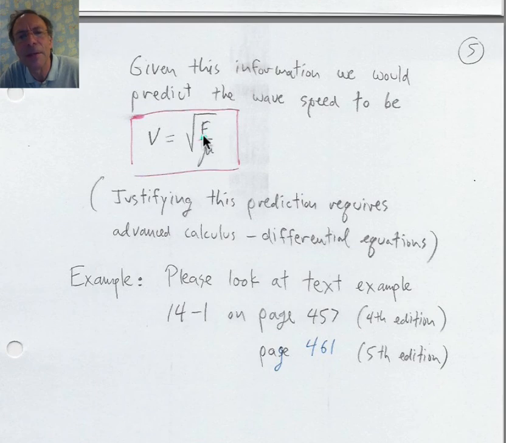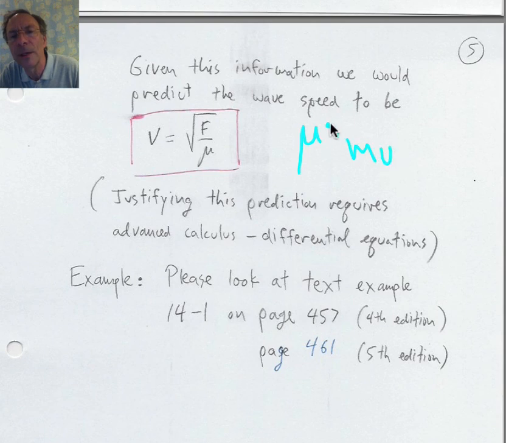So it's better to just use F, the pulling force on the spring. And then here is the Greek letter mu, right? So it looks like a U, but with a tail. And so that's the Greek letter mu, lowercase mu.